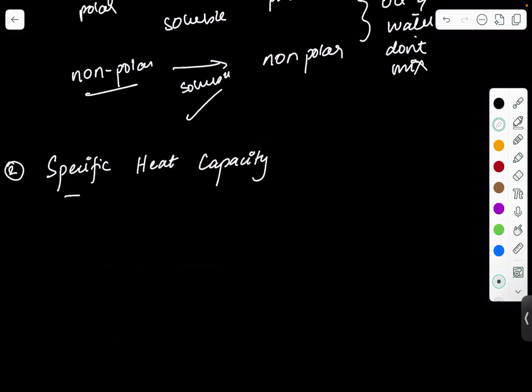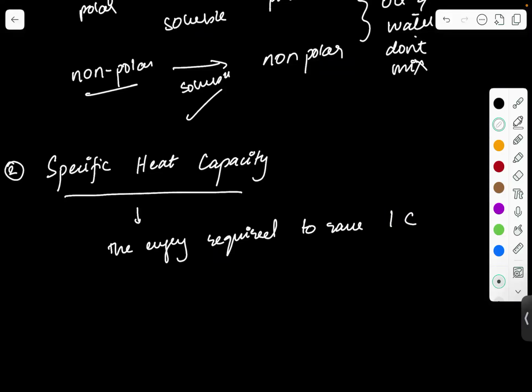But very briefly, specific heat capacity is the energy required to raise the temperature of 1 kilogram of something, or 1 mole of something, by 1 degree. That's what specific heat capacity is.